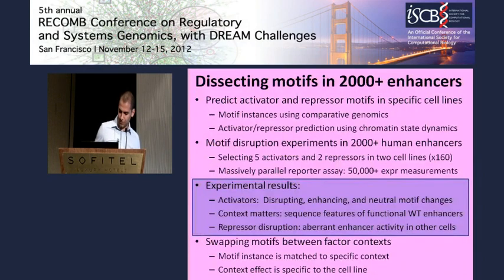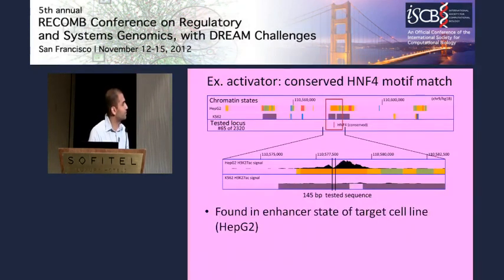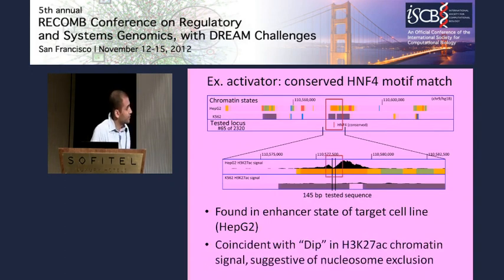Okay, so the results that we saw. Looking at a single example, we chose an HNF4 motif instance that was conserved within a HepG2 enhancer. This was the criterion for choosing this sequence to test. We found that it was also coincident with an H3K27 acetyl dip, which is indicative of perhaps nucleosome exclusion.